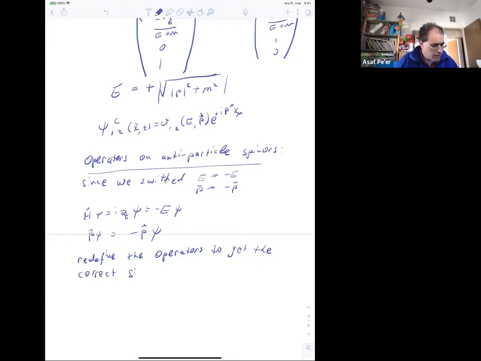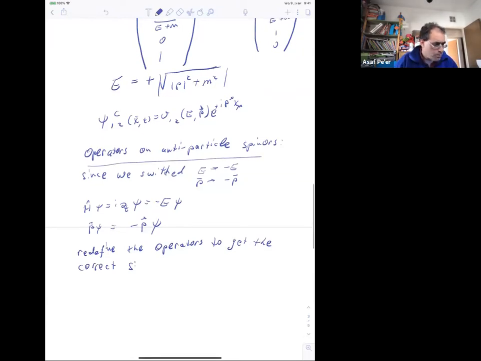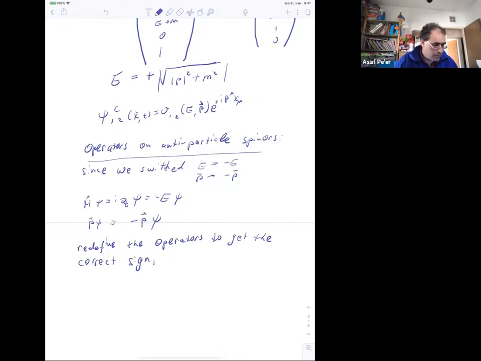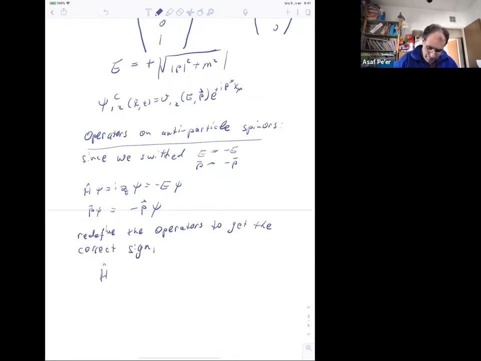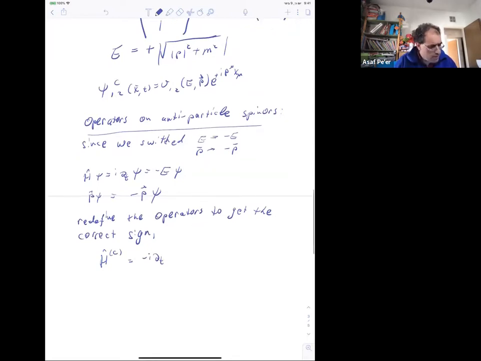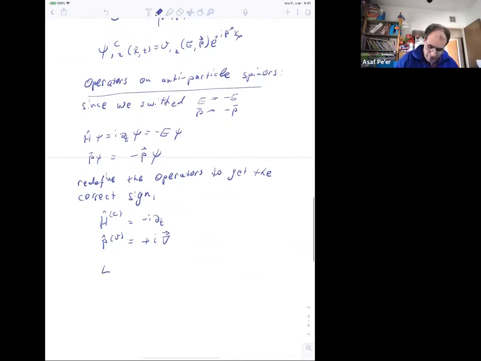So H for the antiparticle would be minus i ∂t, and P is plus i nabla. And if you proceed with that, you'll get that the angular momentum operator of the antiparticle is, of course, the opposite to its regular definition for particles.